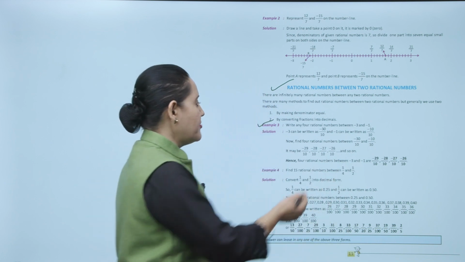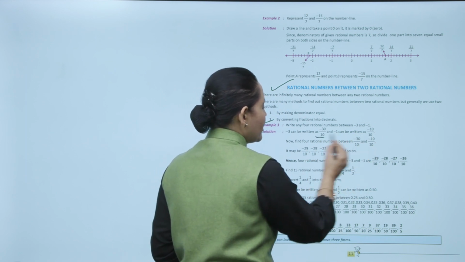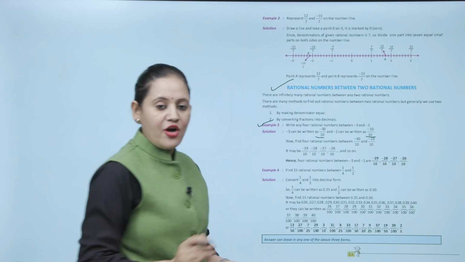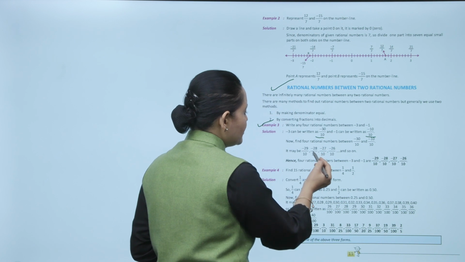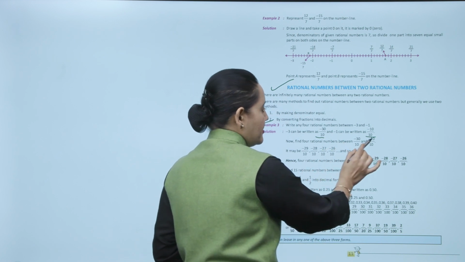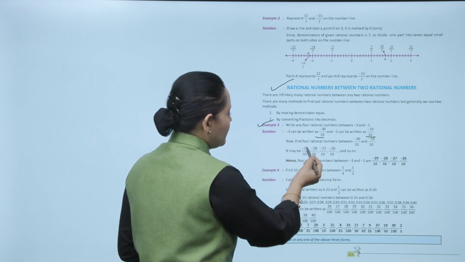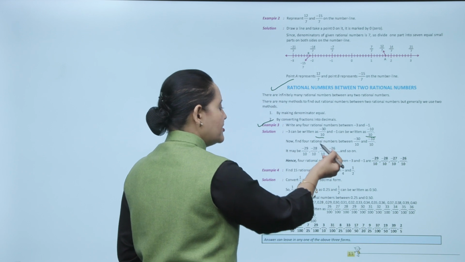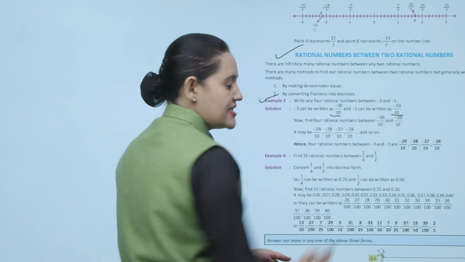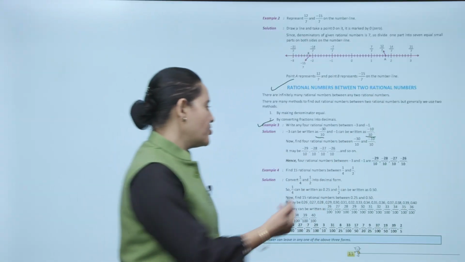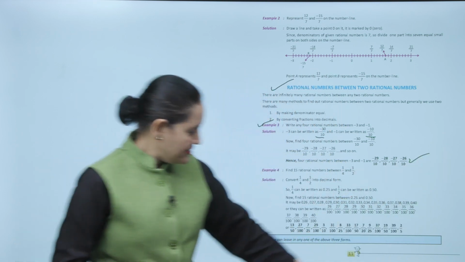Here also we have multiplied numerator and denominator by the same number. So the denominator is the same, 10, 10. Now we can write minus 29 upon 10, minus 28 upon 10, because minus 10 and minus 30 are the limits, so we will start from here. In increasing order we can write -29/10, -28/10, -27/10, -26/10 and so on till -10. Clear? So you can write any 4 rational numbers between -3 and -1.